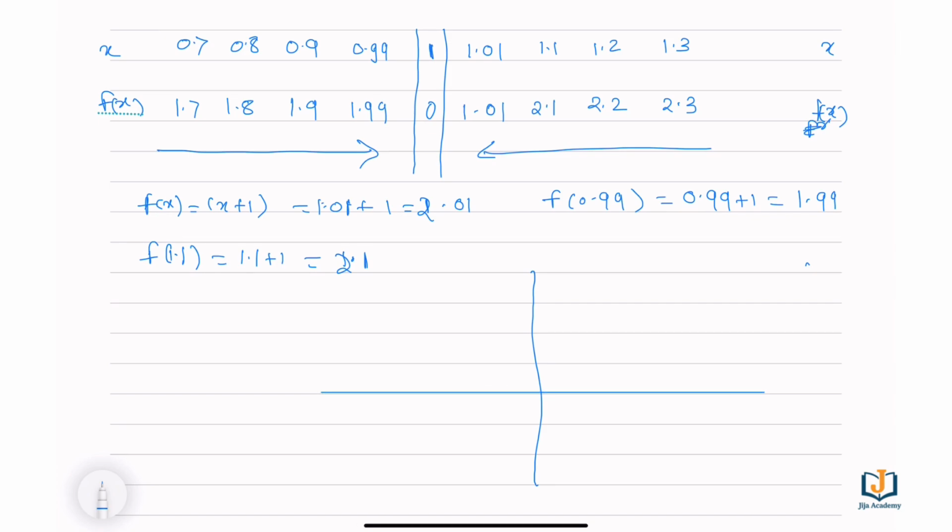This is 1, this is also 1, and this is 2, the point 1 comma 2. This is the graph of f of x is equal to x square minus 1 upon x minus 1. This is x and this is y.